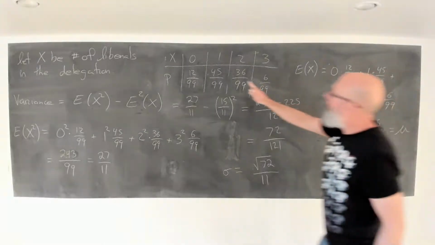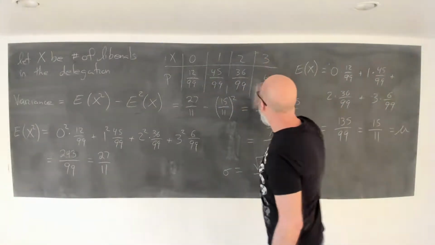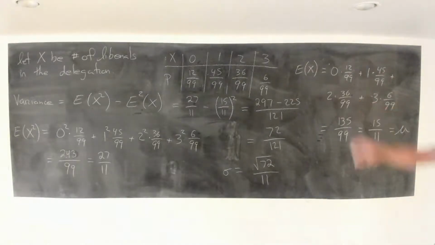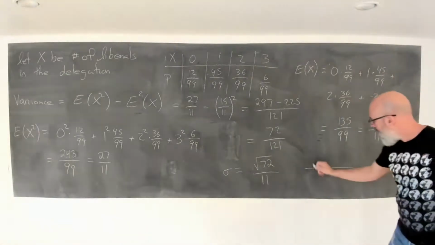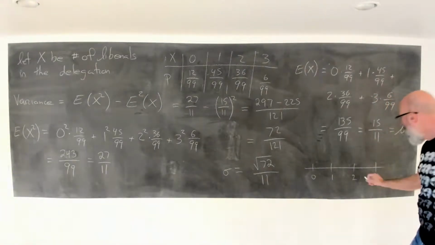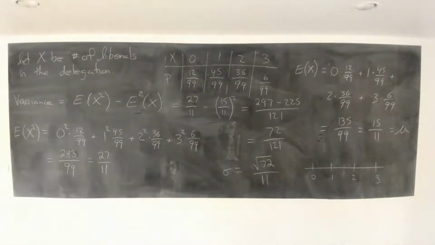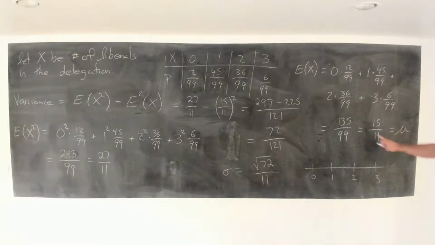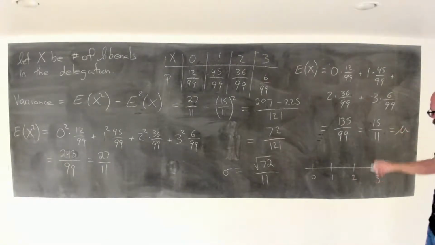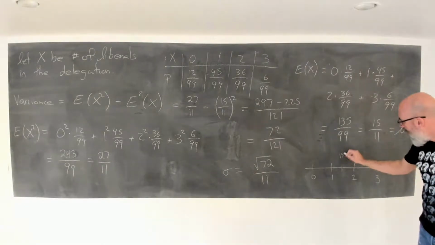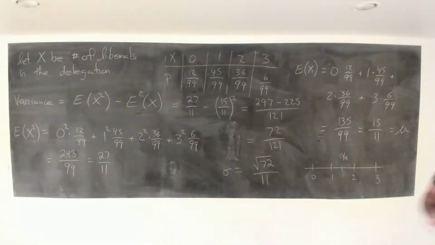Here are the possible values your random variable takes on. It could be one of these four values, and your average, your mean, is 15 over 11, so something around here, 1 point something.